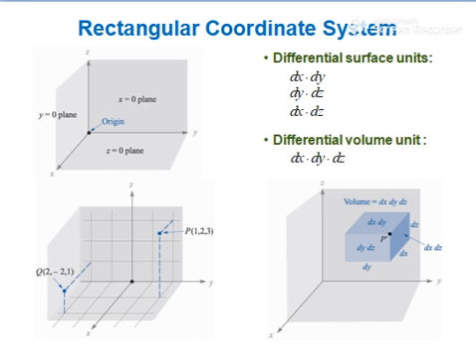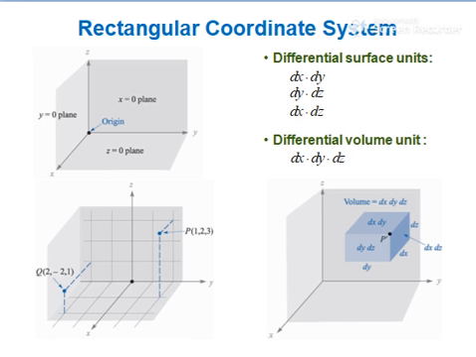This system has three coordinate axes x, y, z, which are mutually perpendicular to each other. These three axes intersect at a common point called the origin of the system, right?